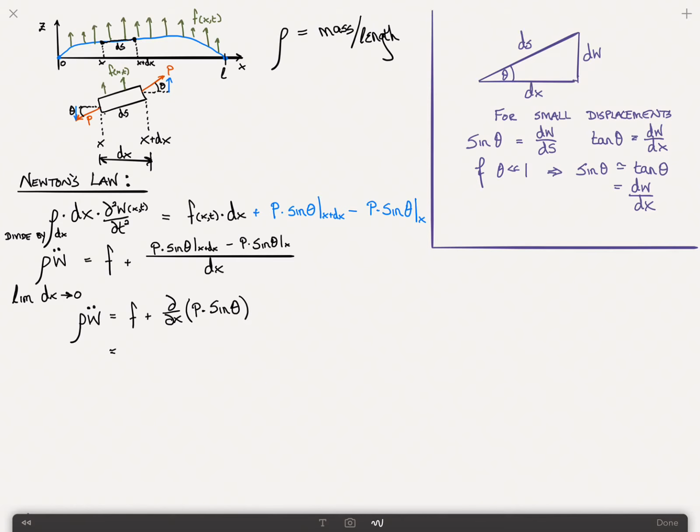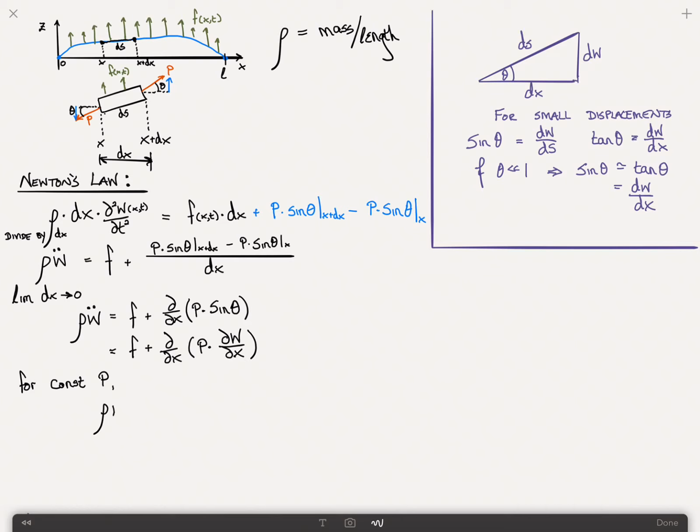So this can be rewritten as f plus d/dx of p times, and I'll now use partials since w is a function of x and t, dw/dx. Now for constant p, and I'll explain in a second why constant p is actually a good assumption here.